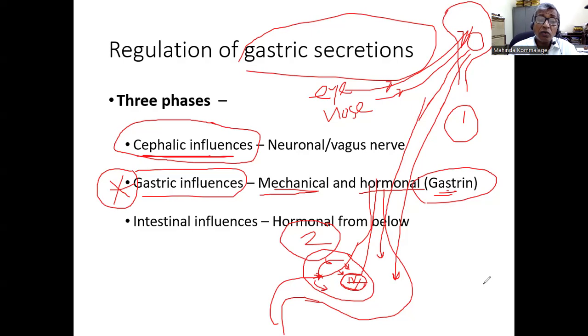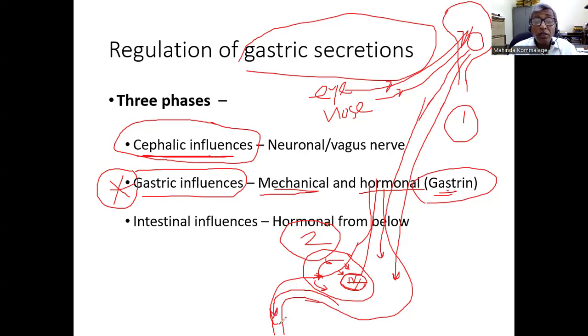Then the last one: food is now in the stomach, secretion and digestion have started, and some breakdown into particles has started, so now it's almost done. The job of the stomach is done. Now food is moving down to the duodenum, to the intestine.